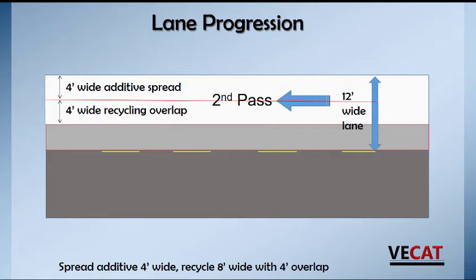Because of this, our second pass is going to have half of its spray bar turned off. So our nozzles in that display are used to turn half the nozzles off on the recycling side that's already been done. Maybe we leave 1 or 2 on just to keep moisture in that existing mat if it's been a while since we've done it, but it gives the operator the control.